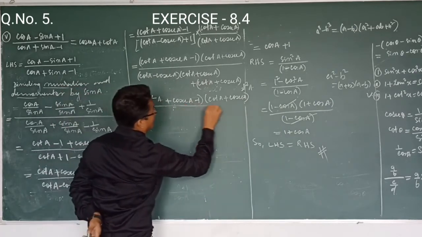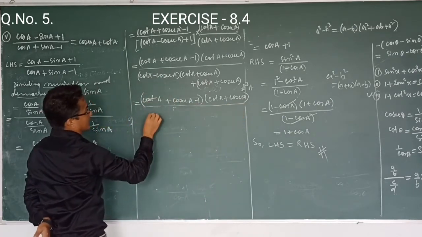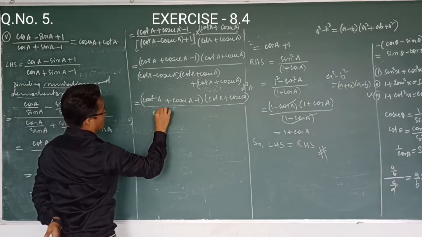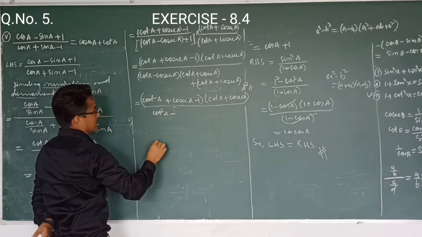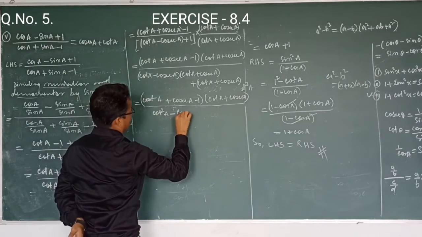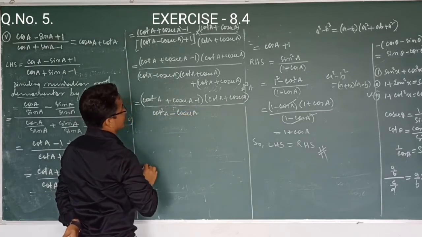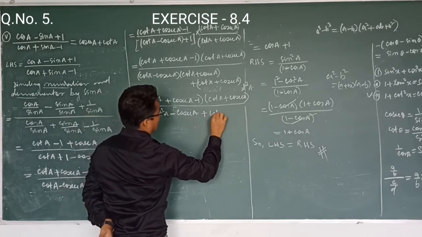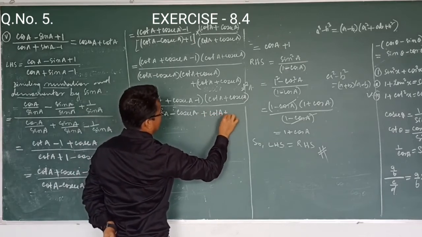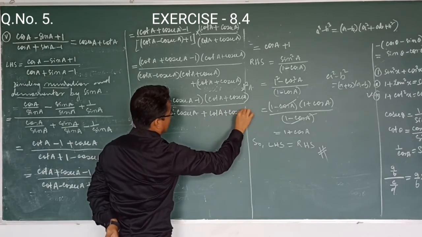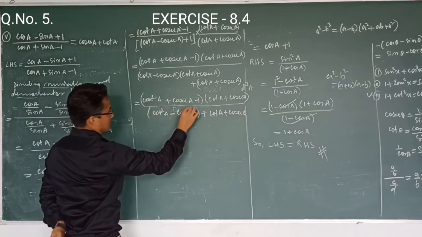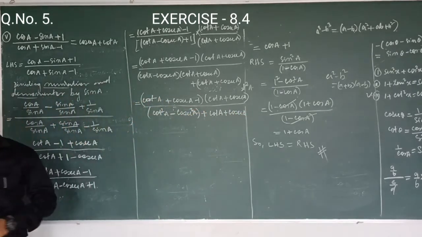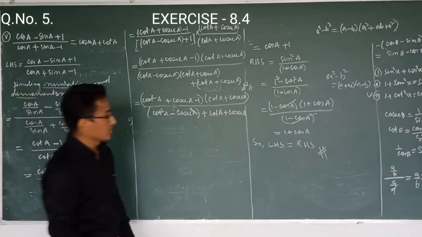So this you will get cot square A minus cosec square A, plus cot A plus cosec A. This is squared.